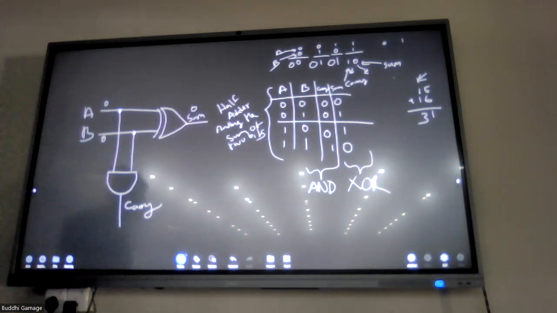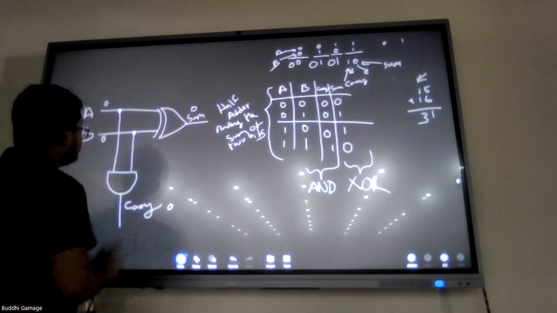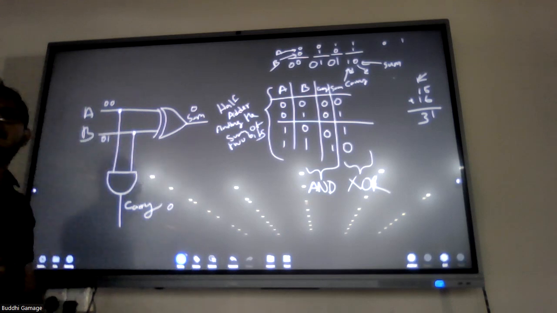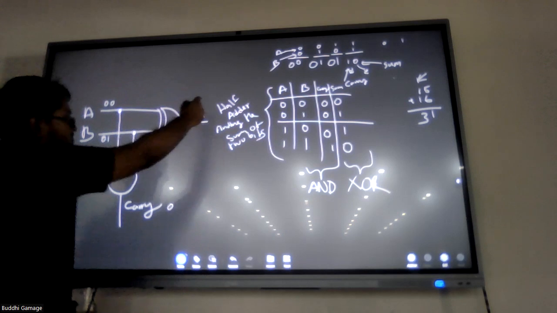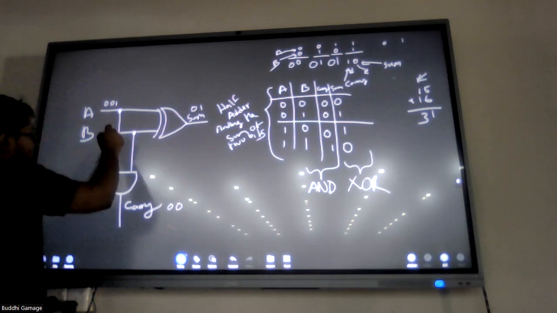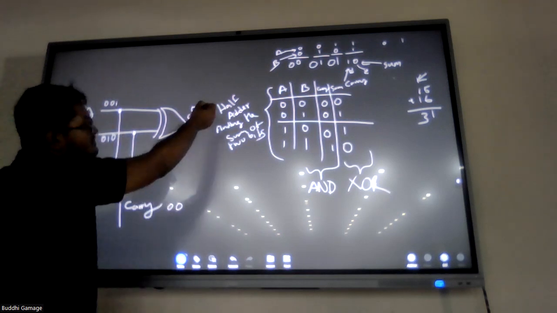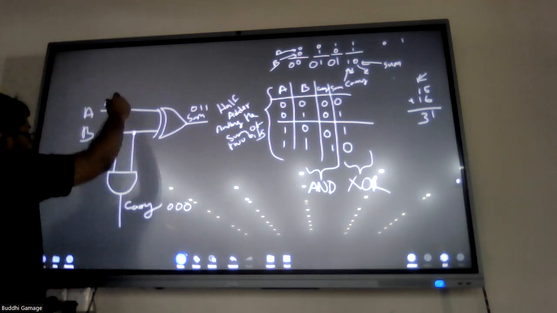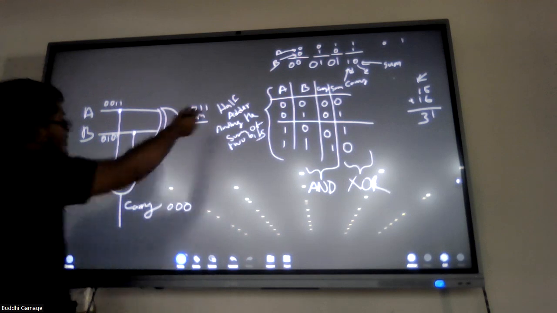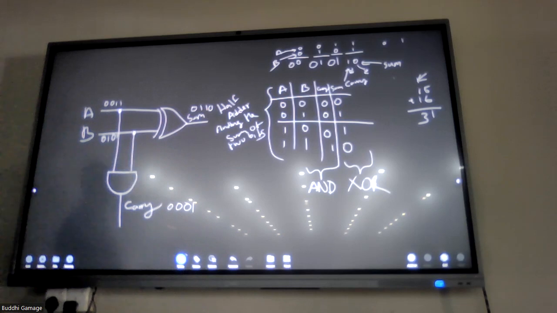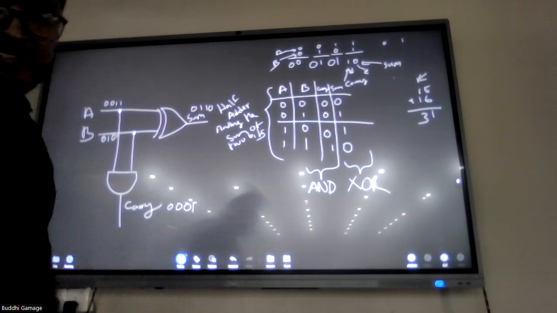Here, 0. 0, 1: sum 1, carry 0. 1, 0: sum 1, carry 0. And 1, 1: this one 0, this one will be 1. Simple, right? So this is half adder.